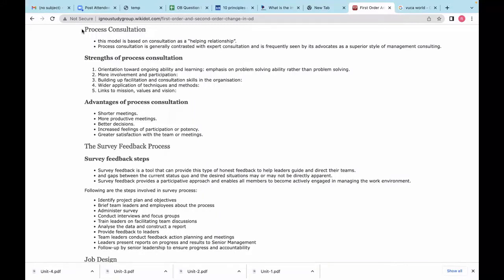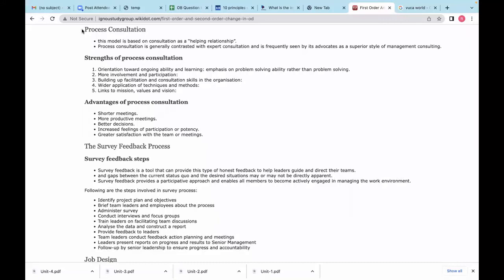So this is considered one of the superior styles. OD talks a lot about consultants, practitioners. So these are process consultants. You're bringing in some consultants and experts, and then trying to do the overall process improvements, right? So this is well regarded, one of the superior styles.